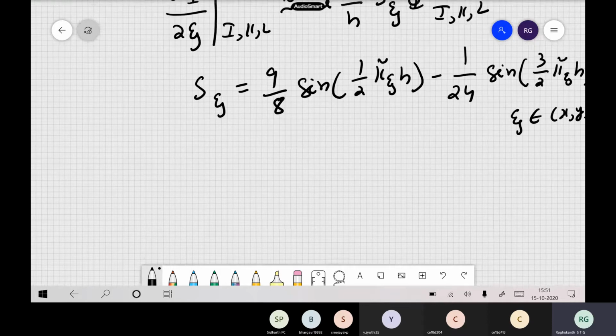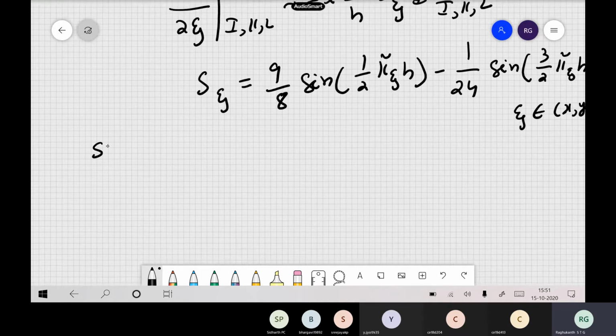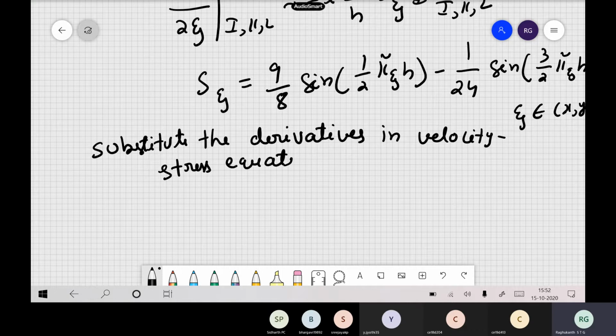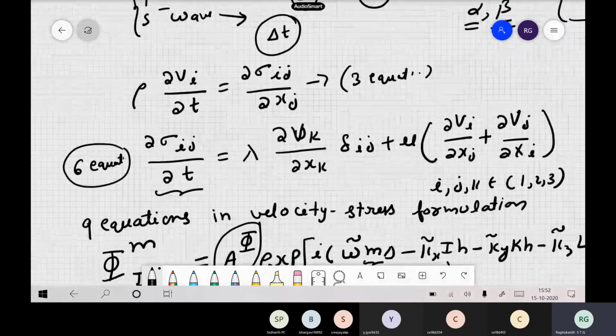So now you substitute these derivatives of stress as well as of the velocities in the velocity-stress equations, that is, these equations, the basic equations that are there.